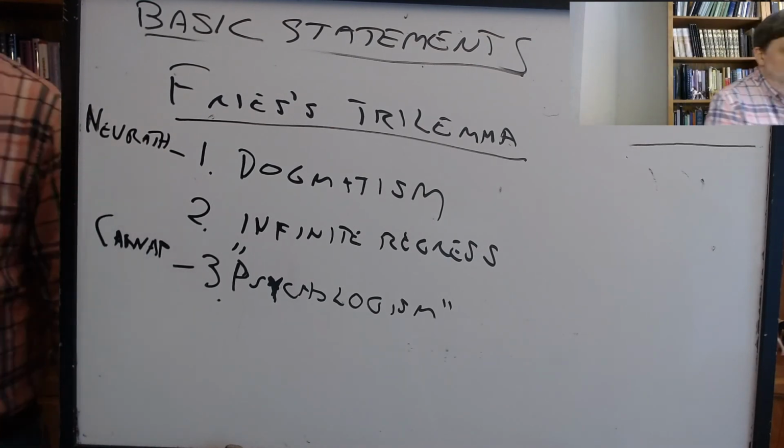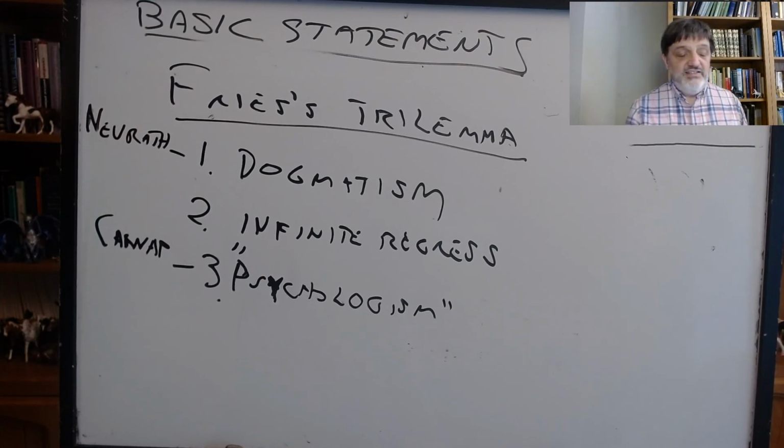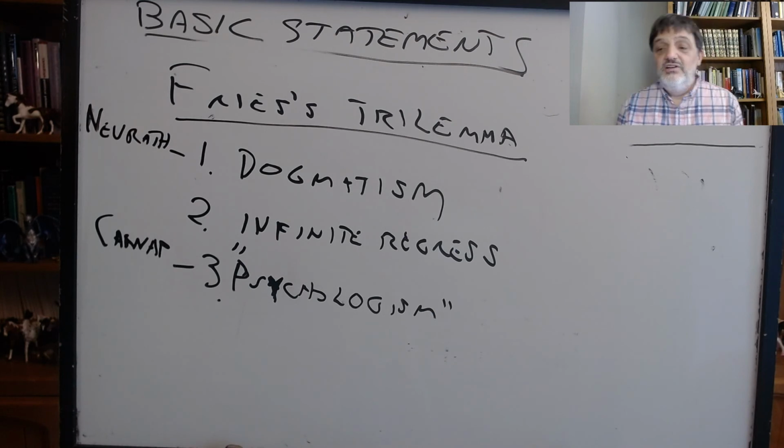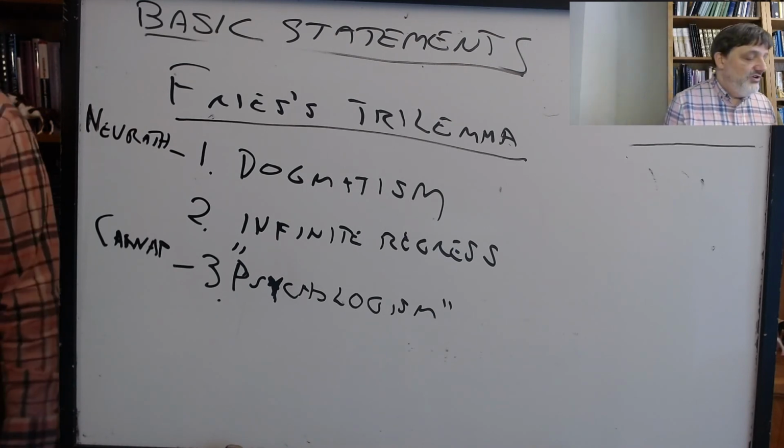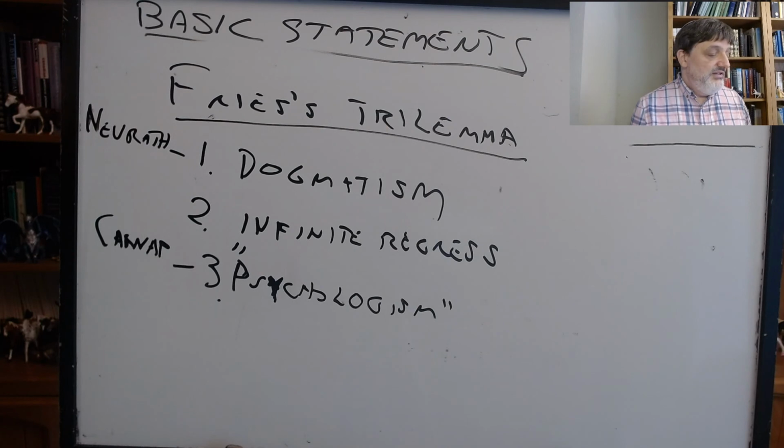Neurath, on the other end, realizes, wait, there's no such thing as sentences that can't be challenged. Just because I wrote down in my protocol, I saw a blue sphere then, doesn't mean it's true. So Neurath says protocol sentences can also be challenged, and sometimes we'll delete them from the protocol.